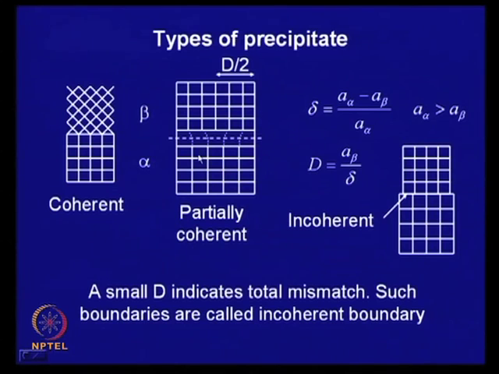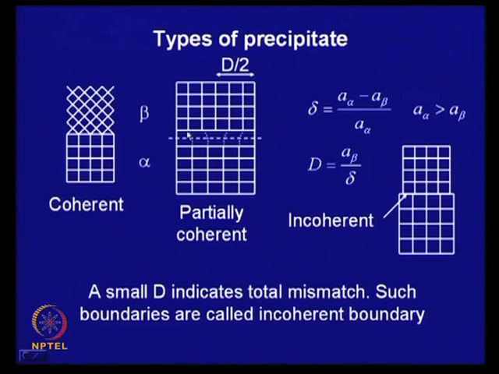Another case, the lattice parameters of alpha and beta may be slightly different from one another. So, at that interface we can visualize as if you have an edge dislocation, which is shown over here. This is alpha, this is beta, this dimension is a little less than this.